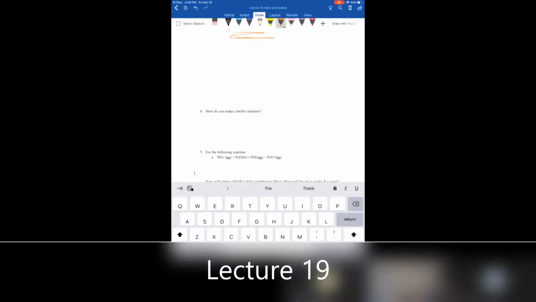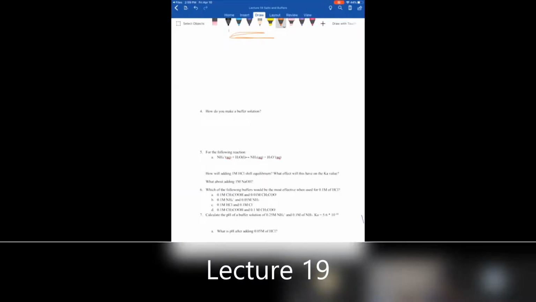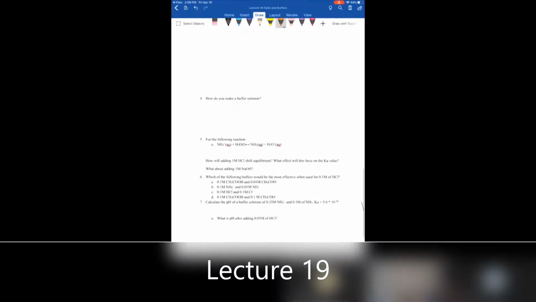So, for the following reaction, how will adding 1 M of HCl shift equilibrium? What's going to happen? It would increase the amount of acid. Okay. Make the base acid ratio lower.